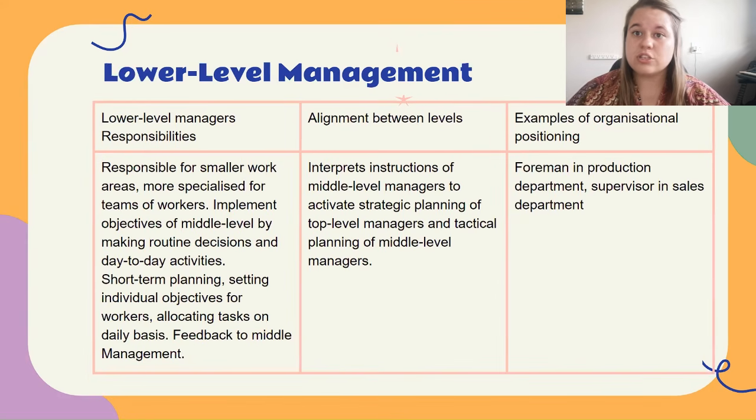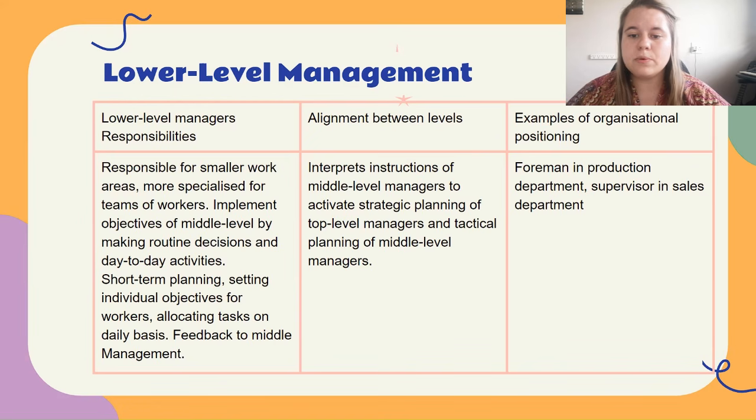Lower level managers and their responsibilities. They are responsible for smaller work areas, more specialized, for teams of workers. They implement the objectives set by the middle level managers by making routine decisions, and they handle the day-to-day activities. There's short-term planning with them: setting individual objectives for the workers, allocating tasks on a daily basis, and then providing feedback to the middle level managers.